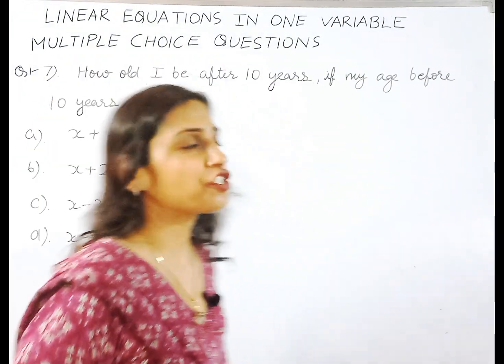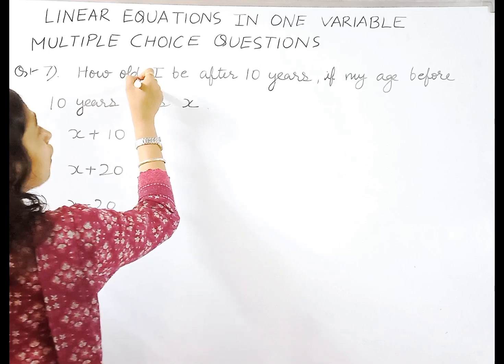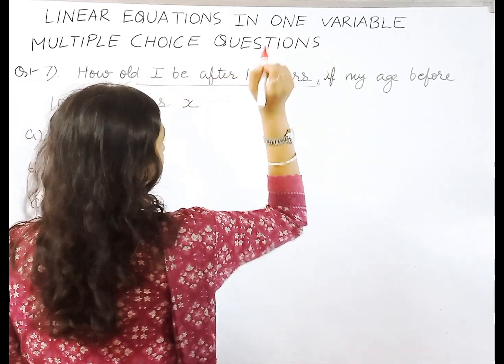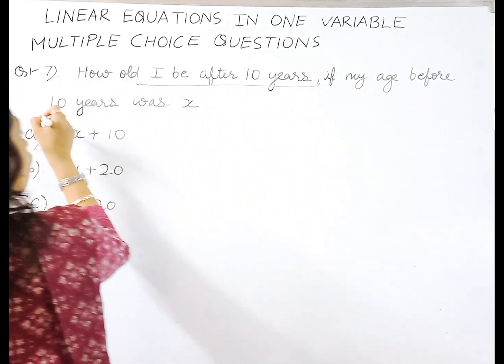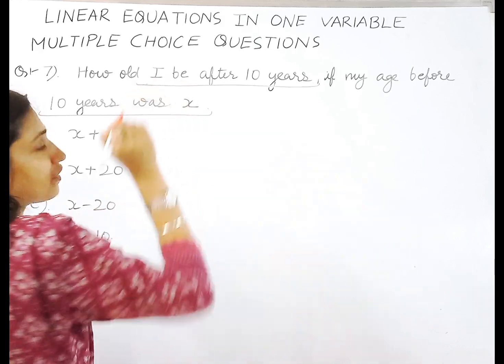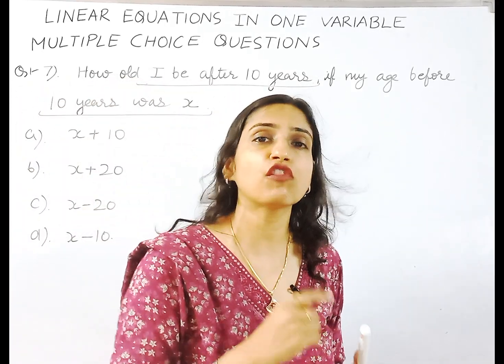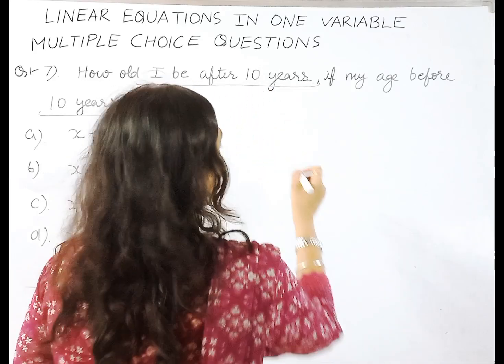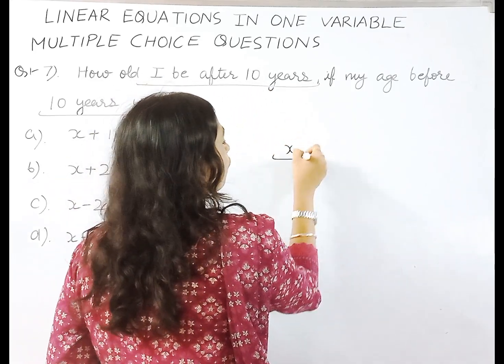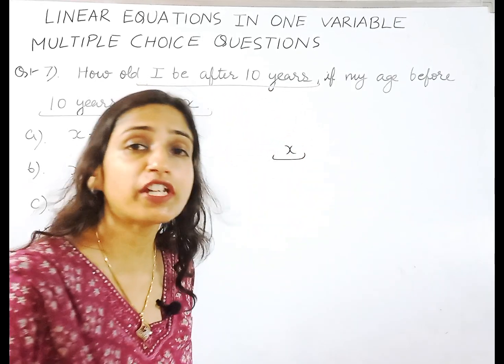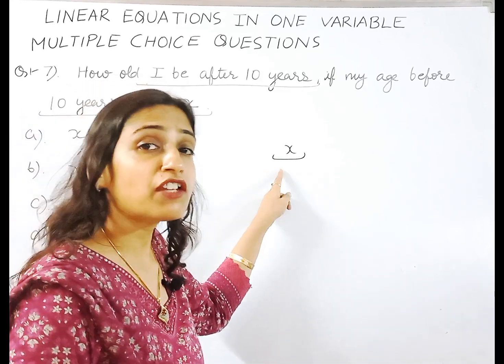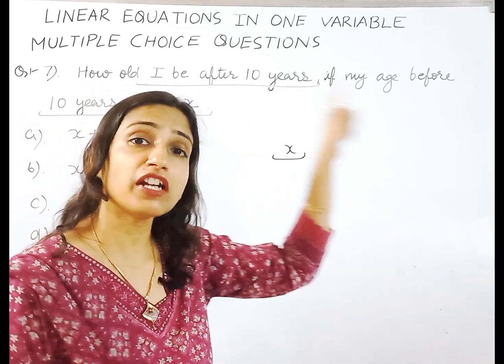The next question is, how old will I be after 10 years if my age before 10 years was x? So in this question, it is given that my age before 10 years was x. Then what will be my age after 10 years?